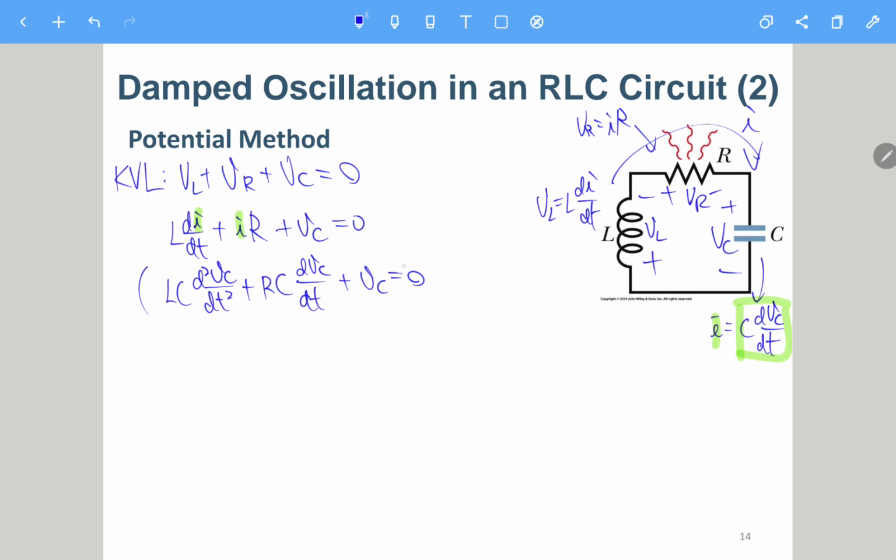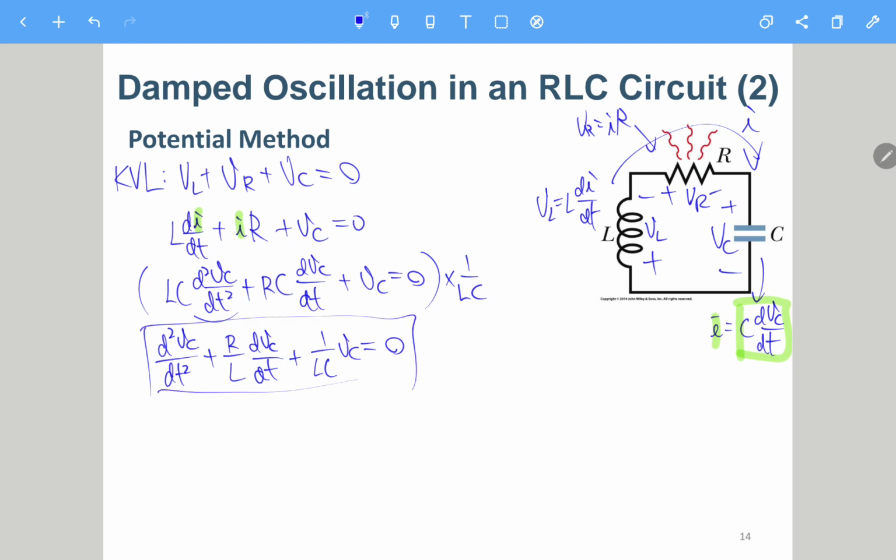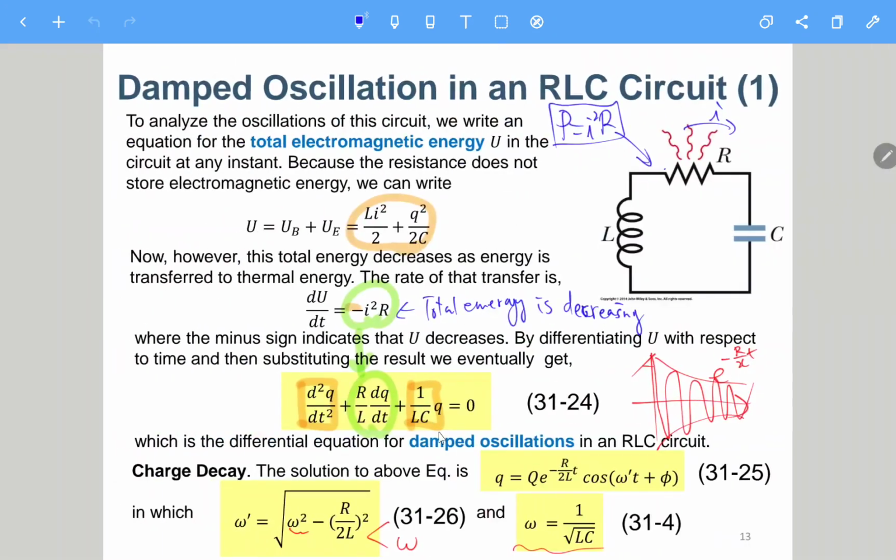Okay, so we can just multiply 1 over LC on both sides, so we can normalize the second order coefficient. So we have d2 Vc dt2 plus R over L dVc dt plus 1 over LC Vc equals 0. Like this. So we actually get the same ODE as this one.